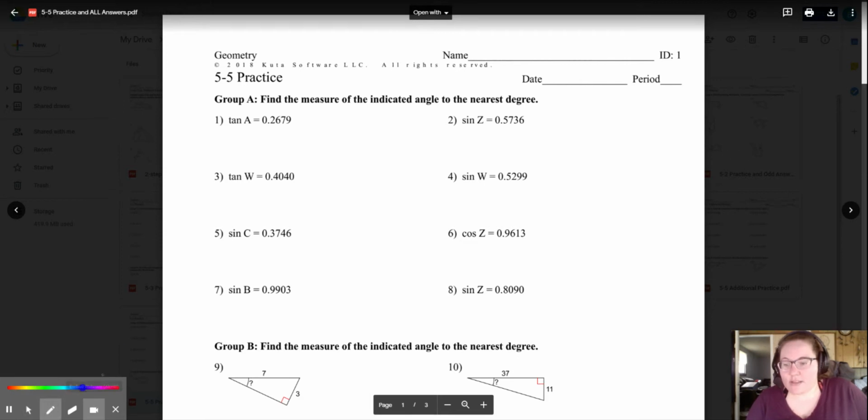Now, you guys have never seen this before, so I'm just going to have to show you what it looks like. Let's use a different color. Let's use red. So if I want to figure out what just A is, and you were thinking about this like a math problem, you would need to get rid of the things that are next to A. The way that you get rid of tangent is by doing what's called the inverse of it.